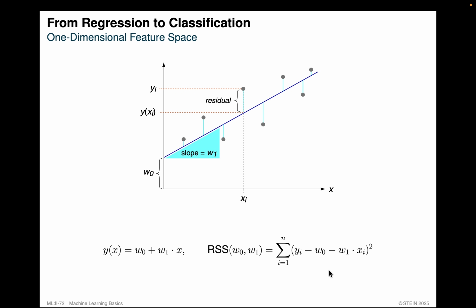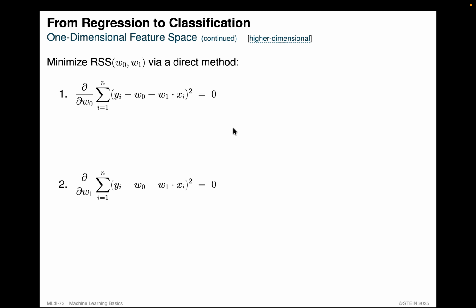How do we find this line? How do we find the two parameters that give us exactly this line given these dots? This is something that we can directly compute using algebra, or basically functional analysis, by just taking the derivative of this function with respect to weight 0 and with respect to weight 1.